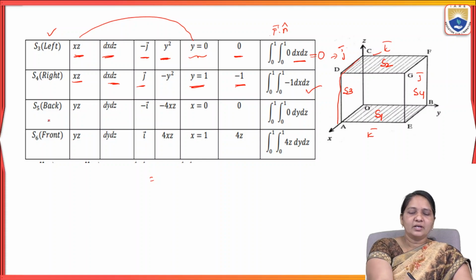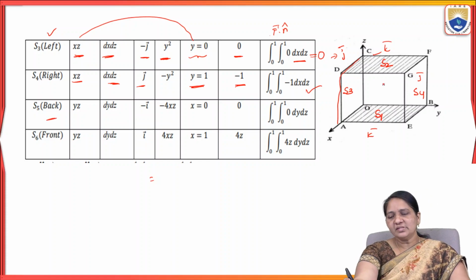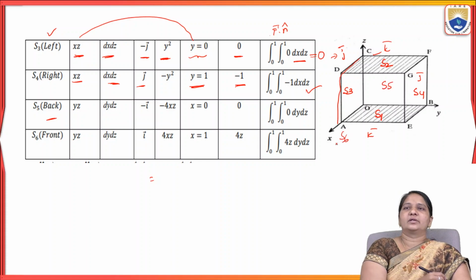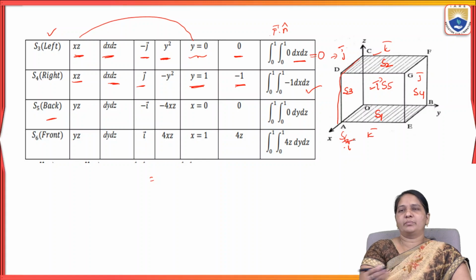Now we are taking S5. This is S5 and this is S6. So now j and k are completed. Now this one is along i bar, because it is in the yz plane. Minus i bar here.